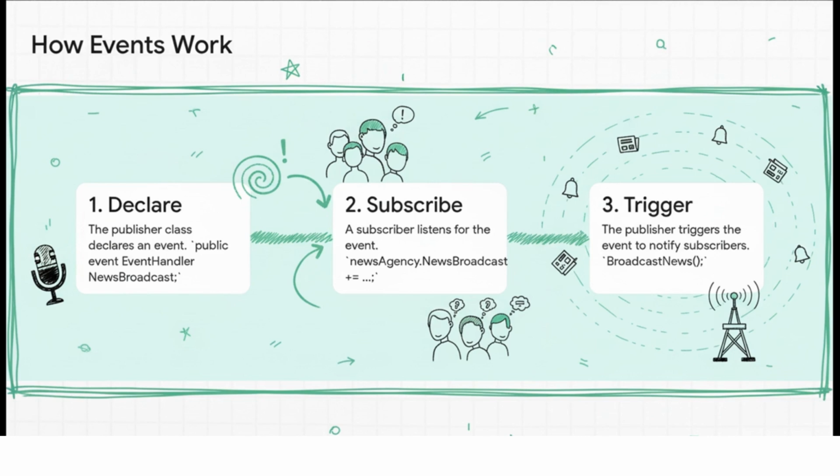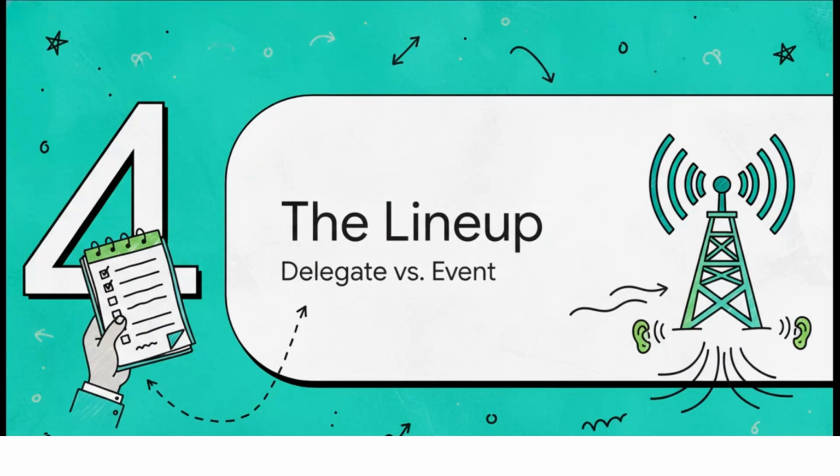Then any other part of the code that's interested can subscribe to it. And finally, when the time is right, the agency just triggers the event, and every single subscriber gets notified instantly, all at once.